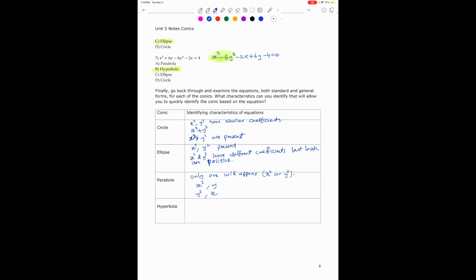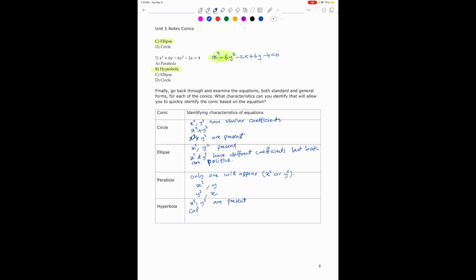The last shape is the hyperbola. Again, both x squared and y squared are present. Okay, both of them are present. The coefficients of x squared and y squared are different with opposite signs, or the same with opposite signs.